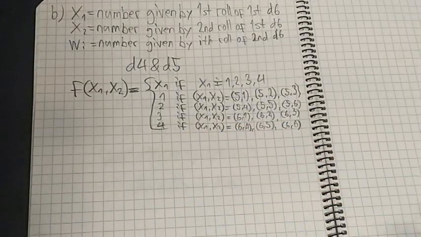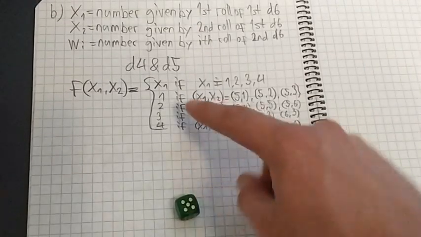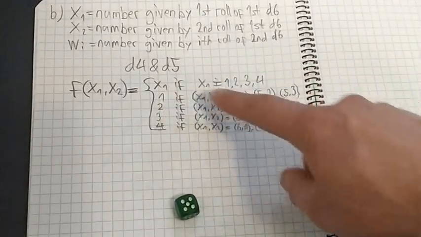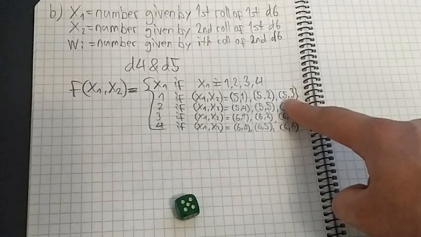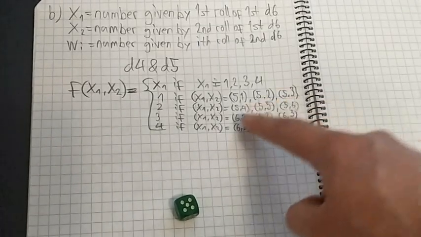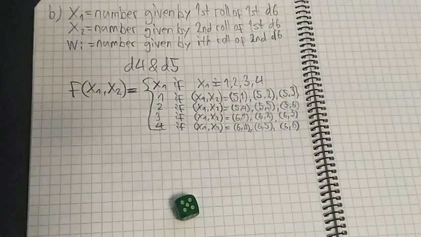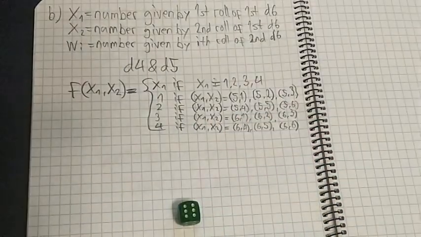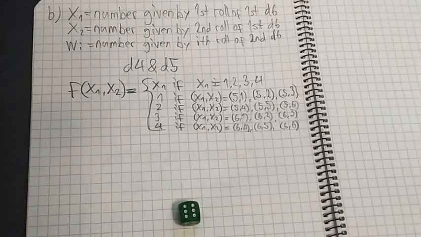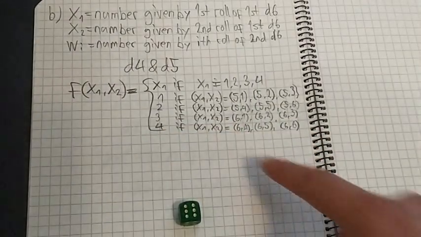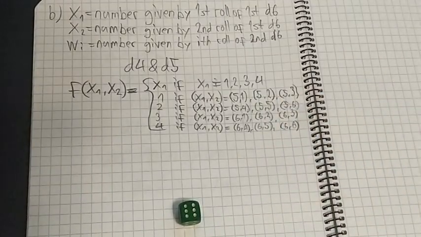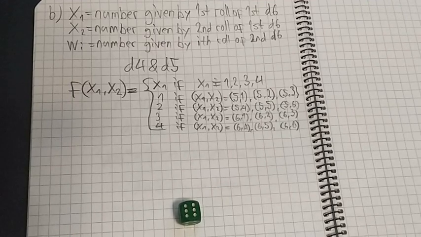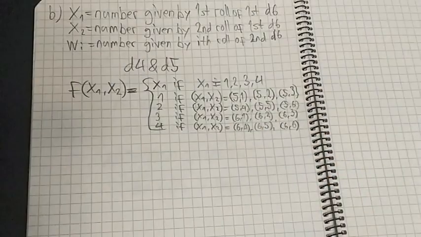But if it's a 5, then it will become a 1 or 2, where 1, 2 or 3 from the second roll would transform it into a 1, whereas 4, 5 or 6 from the second roll would give a 2. And lastly, 6 will become 3 or 4, and a 1, 2 or 3 from the second roll would give a 3, whereas 4, 5 or 6 in the second roll in this case would give a 4.